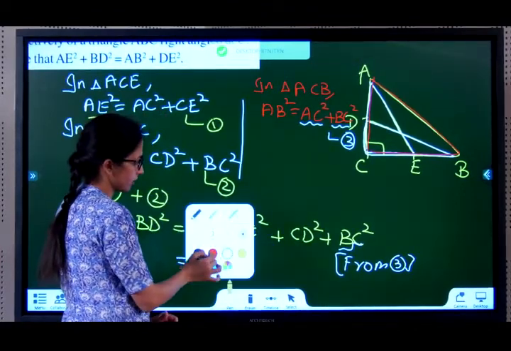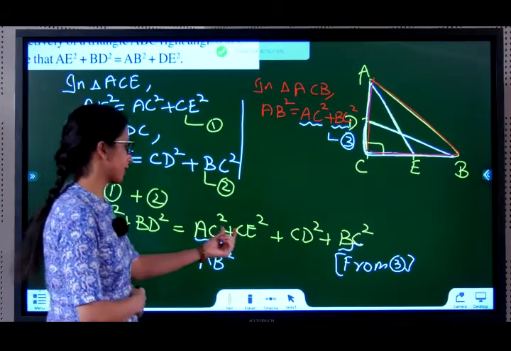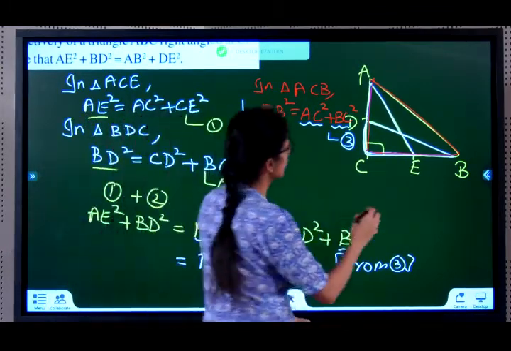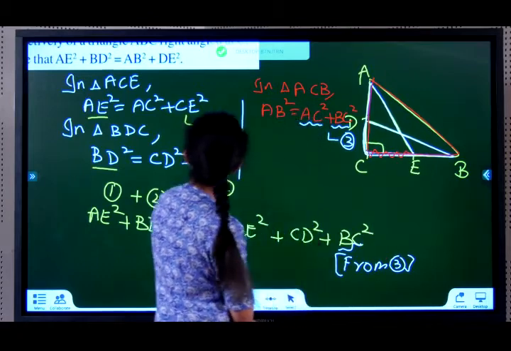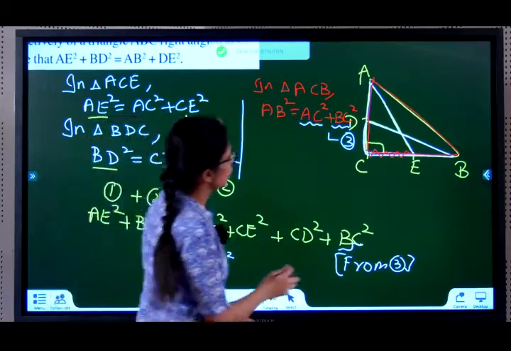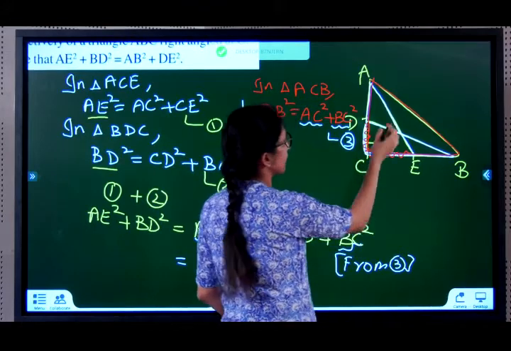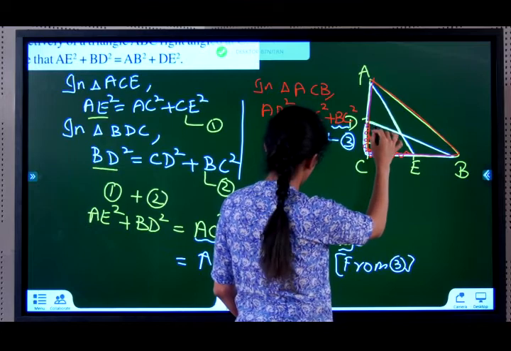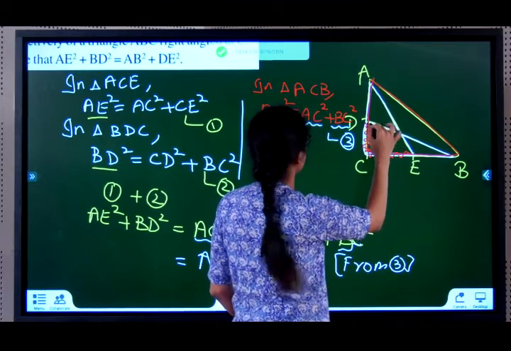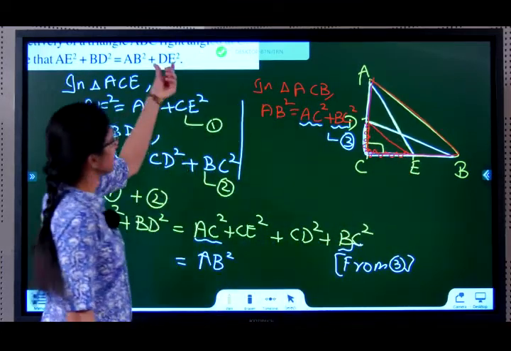Now the next question here is, I have not seen this triangle CE and CD. Go back and check CE and CD. So we have CE and CD here. Can this form another triangle, CE and CD? Yes, because the side here is DE square.